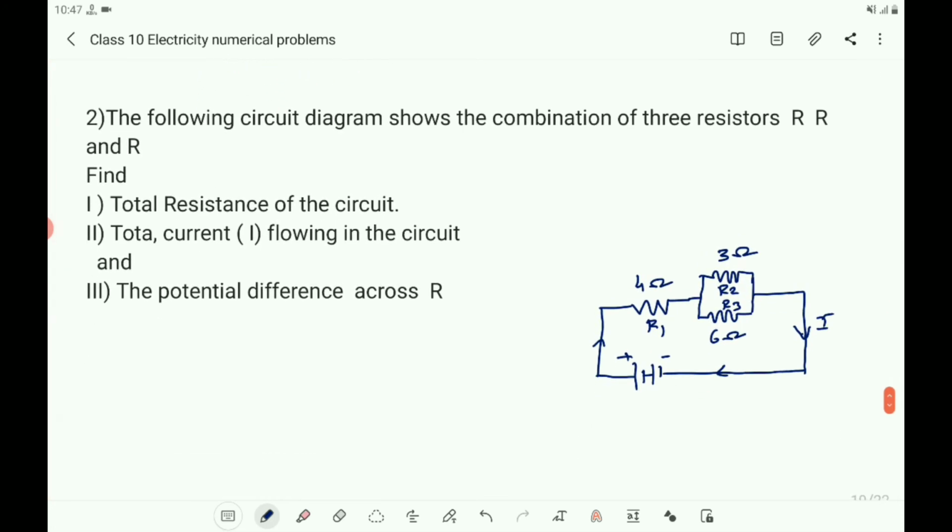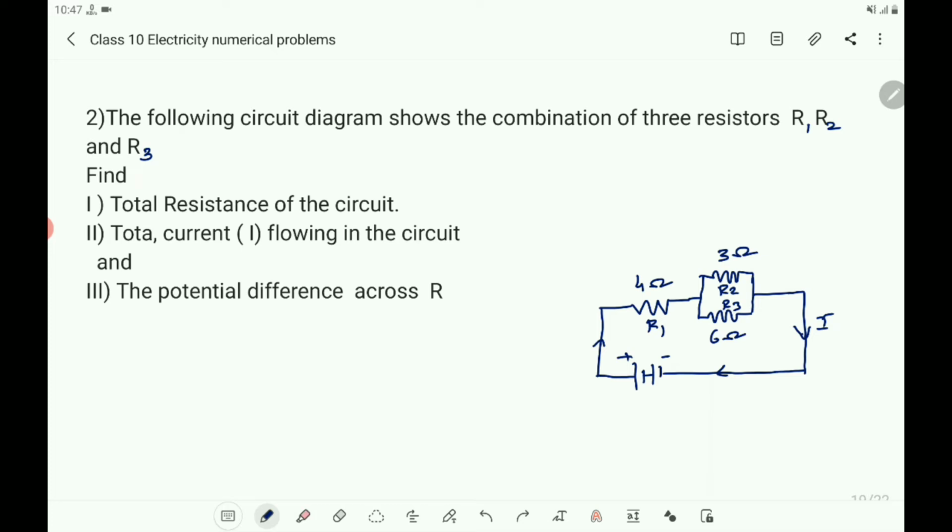The following circuit diagram shows the combination of three resistors R1, R2 and R3. Find the total resistance of the circuit, the total current I flowing in the circuit, and the potential difference across R. So here three resistances R1, R2 and R3, and here R1 is of 4 ohm, R2 is of 3 ohm and R3 is of 6 ohm.